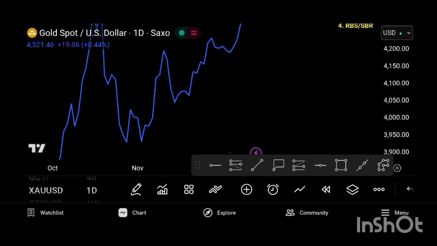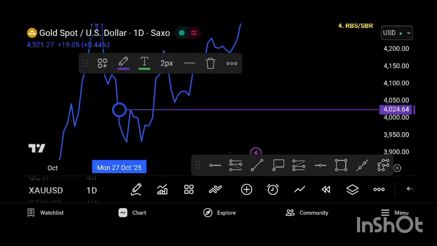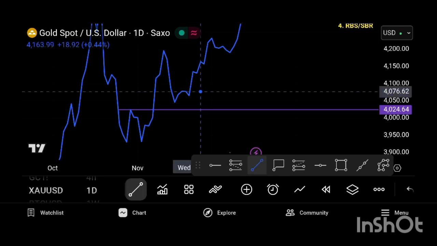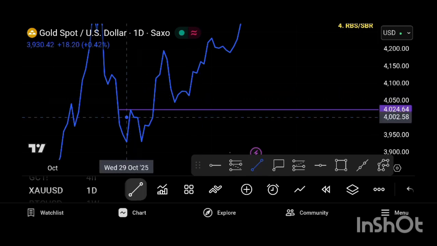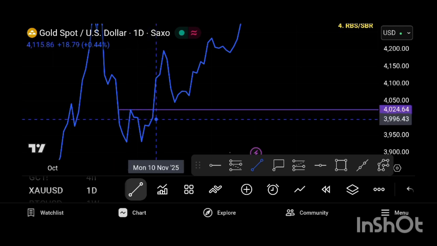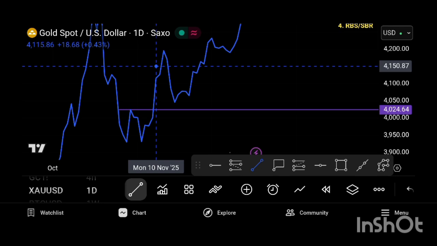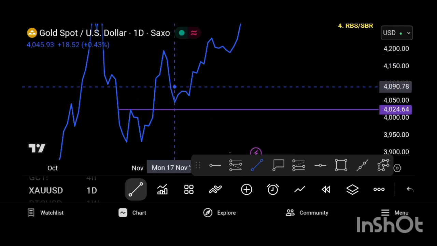Let's go to the line chart. We can see that this is an A. Don't forget, we said that A stands for what? Resistance. So A is resistance. Can you see that? This was a resistance level, and then price came and broke that level. After breaking that level, later on price came back to that level.